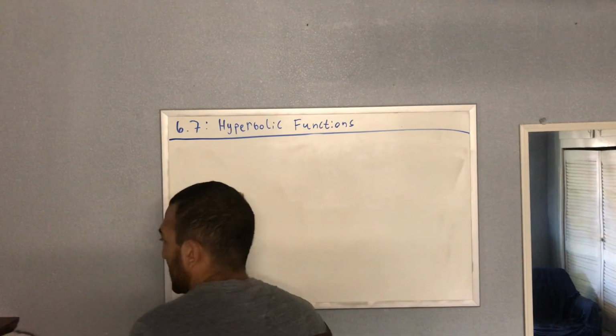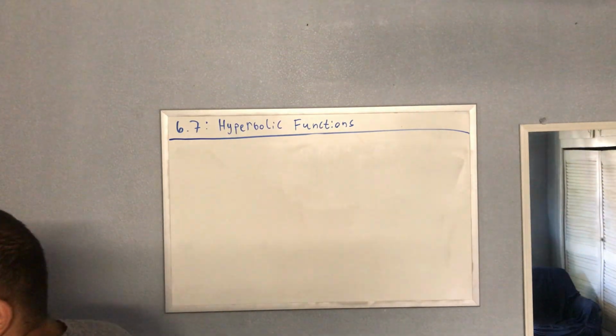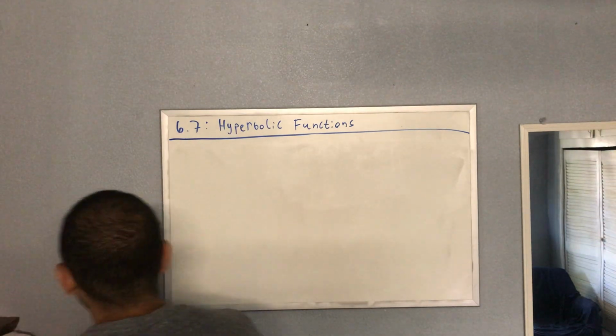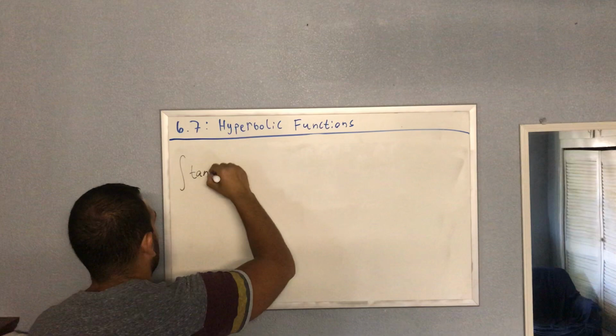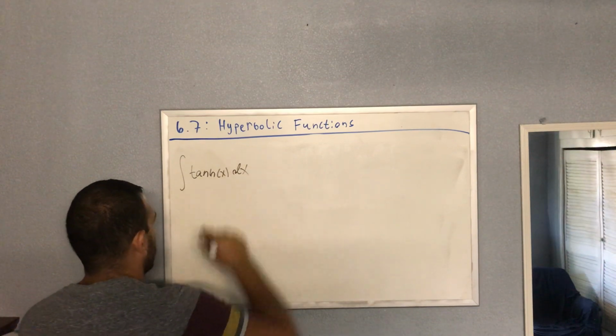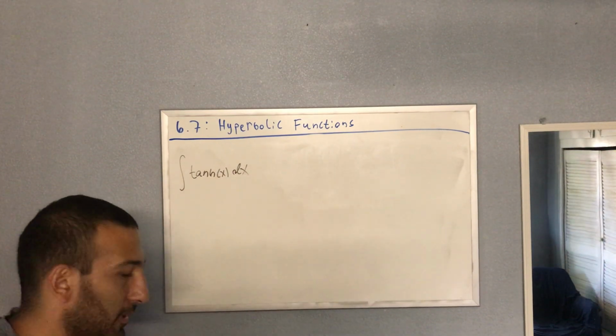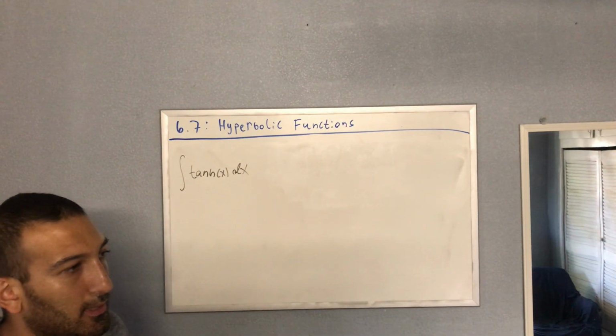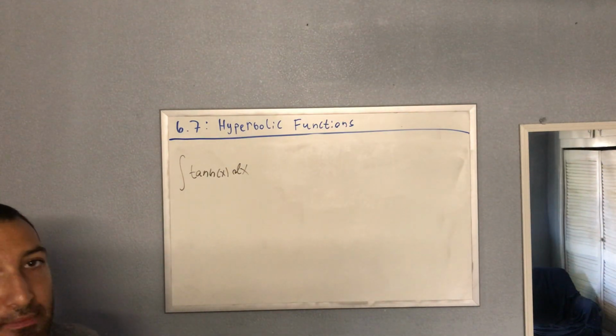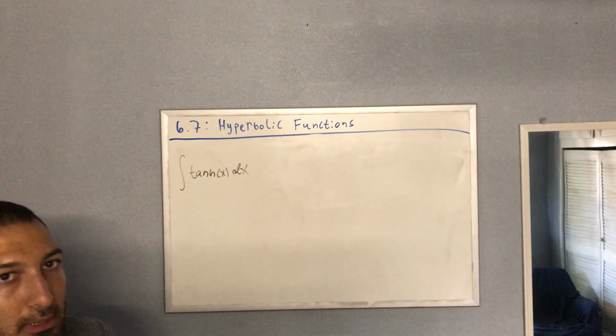So we'll just go to the next problem, which is 62. And this one asks the integral of tanh x. Okay, and remember, there was nothing whose derivative was tanh, right?